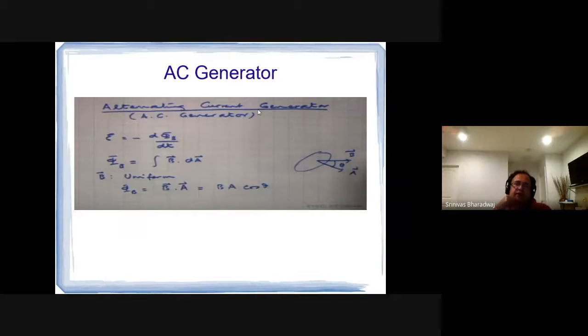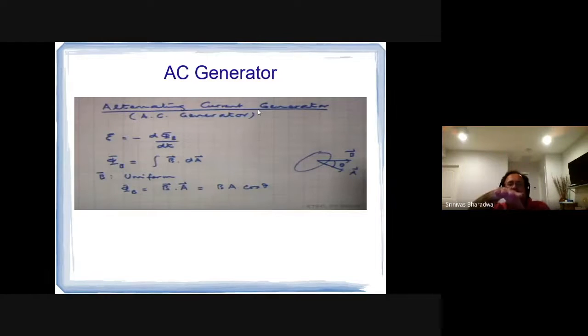As you rotate the loop, the phi changes. Why does the phi change? Because the direction of B changes. BA cos theta, right? So the angle theta is what is changing continuously. When you are like this, B is like this, the direction of A is like that.